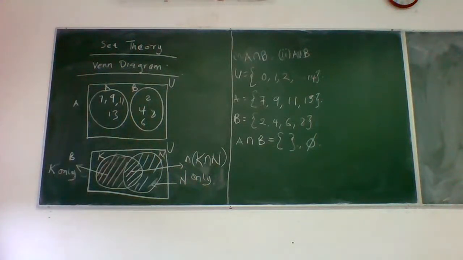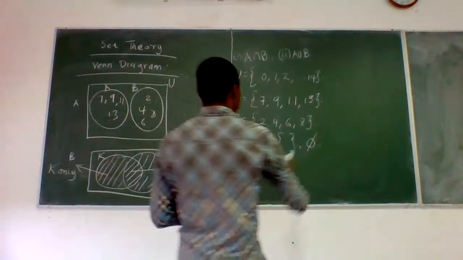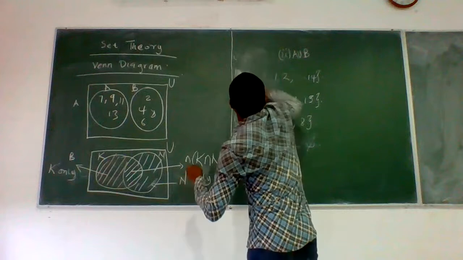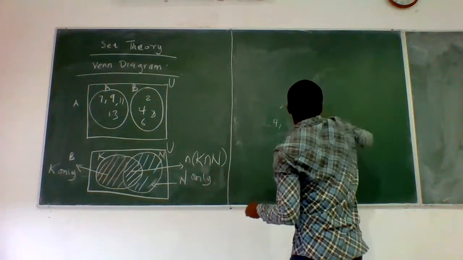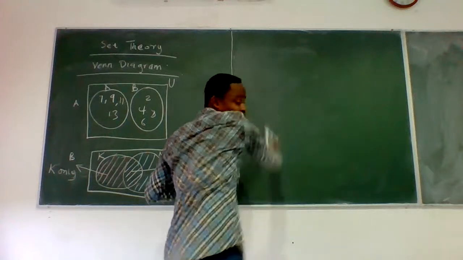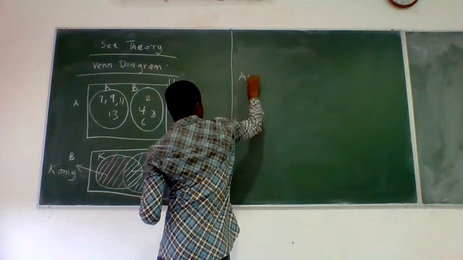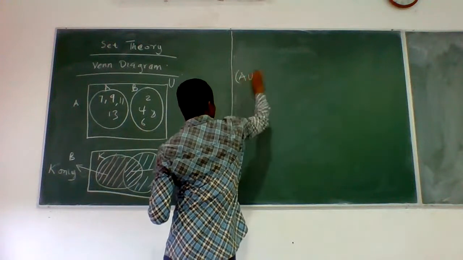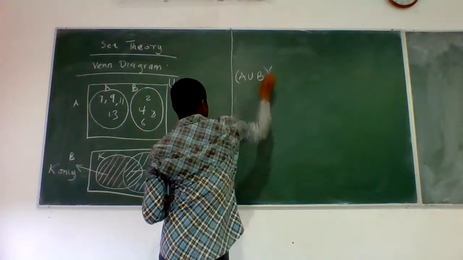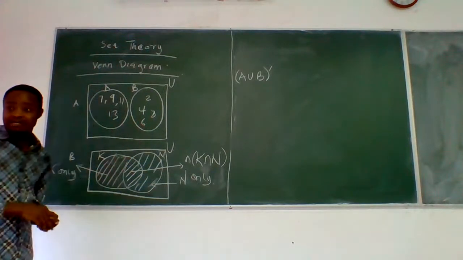And then when you find A union B, the complement is the region outside the circles.